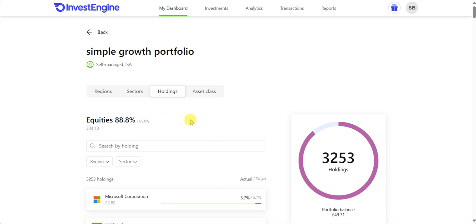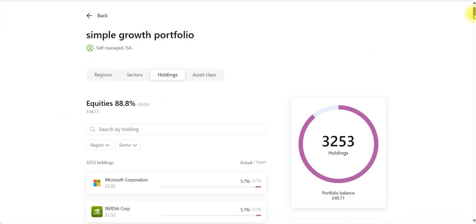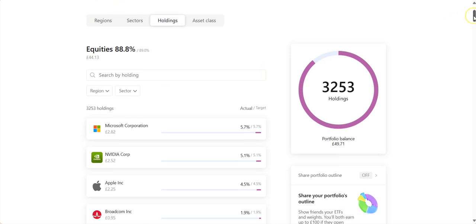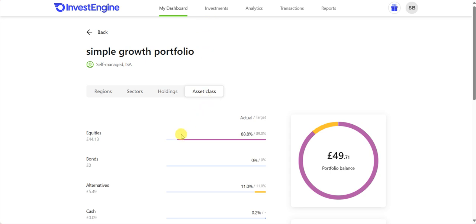Holdings. Yeah, so this is what I was saying. If you were just holding the S&P 500, you'd have 500 odd stocks. But on this portfolio, we've got 3,253. So it's more diversified. And then asset class, I've got 88% in equities, and the alternatives is the gold. So that's that.